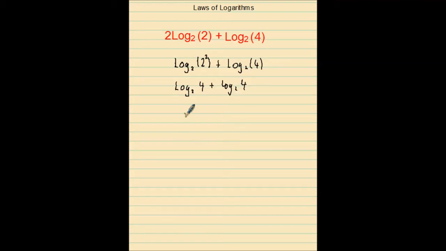Now I can use the first law of logs, where if I add 2 logs, it's the same as multiplying them. And simplify. And again, you may well want to type this into your calculator and just check that I have indeed simplified.